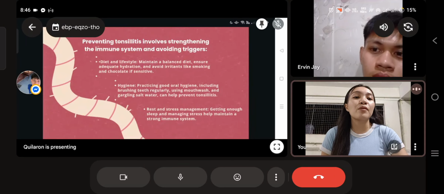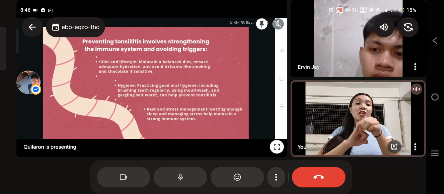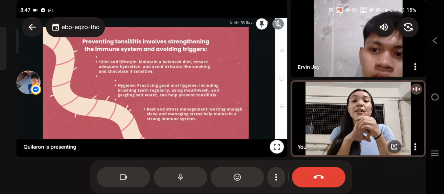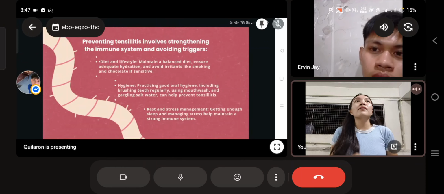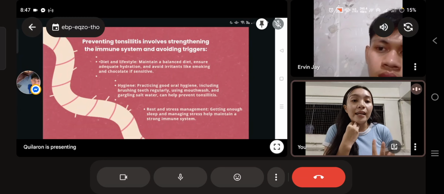Now we have preventing tonsillitis, which involves strengthening the immune system and avoiding triggers. First is diet and lifestyle. You have to maintain a balanced diet, ensure adequate hydration, and avoid irritants like smoke and chocolate if sensitive. If you feel your throat getting sore, it seems like you will get tonsillitis.